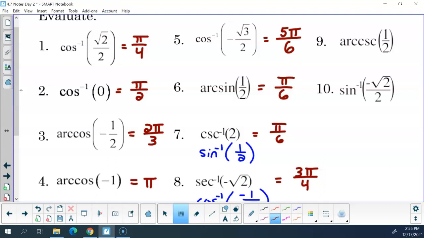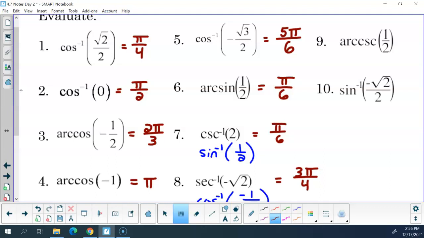Like number 9. Number 9 doesn't work. Okay? Why not? Okay. So if we reciprocate, right? It'd be 2 over 1. But what would the trig function become? Sine opposite. It would be inverse sine, right? Or arc sine. Okay?